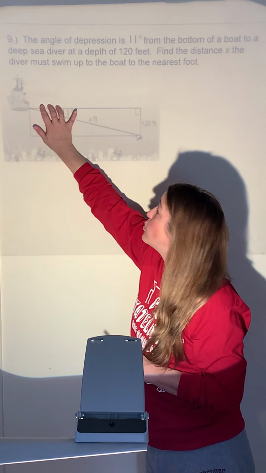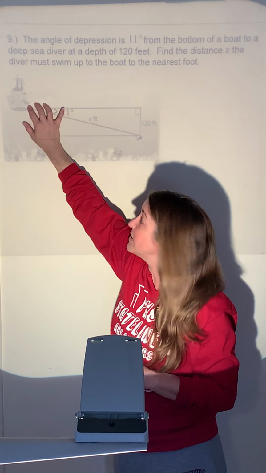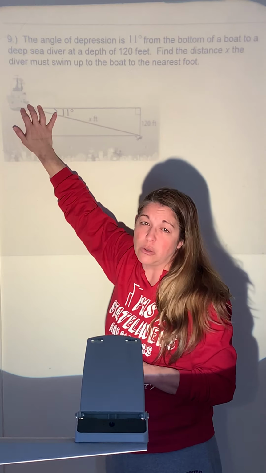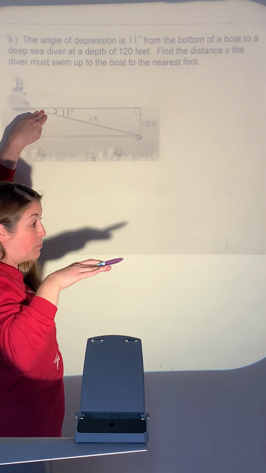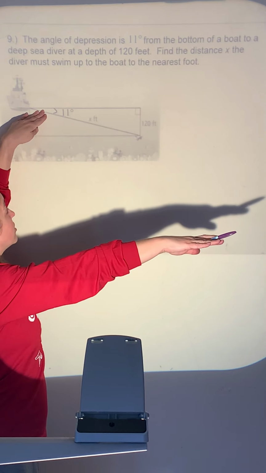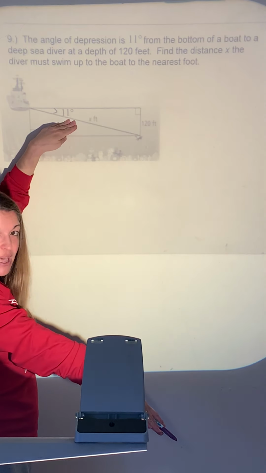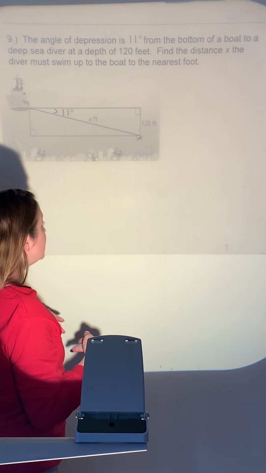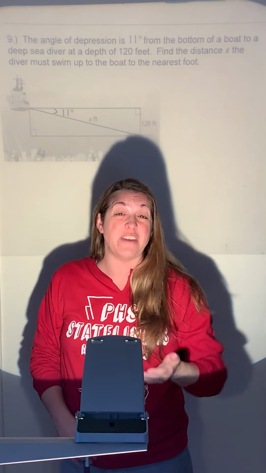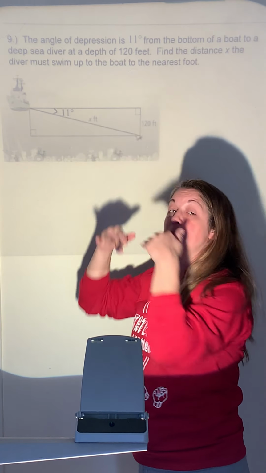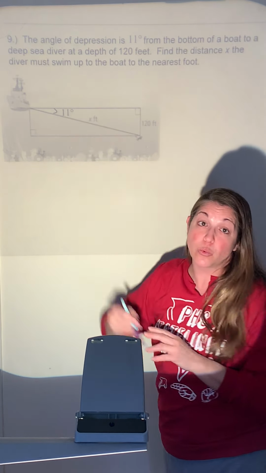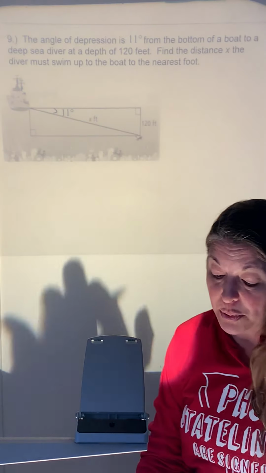If you picture the level of the water as being the top of this triangle. When we say an angle of depression, we're talking about from this boat and the water level down 11 degrees. The opposite of this would be an angle of elevation, which means from your eyesight, you'd be looking up. But in this case, because it's downward, we would say that is depression.